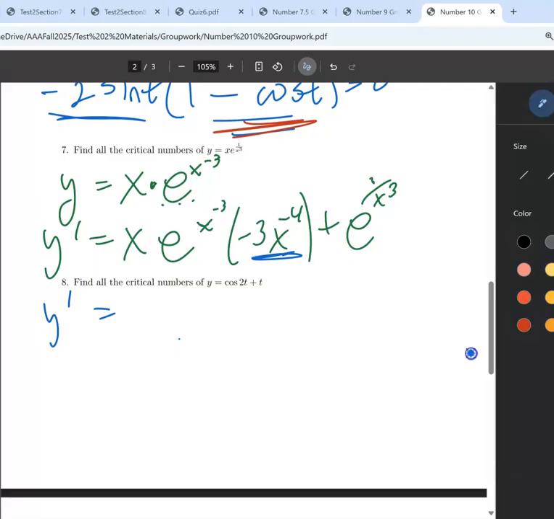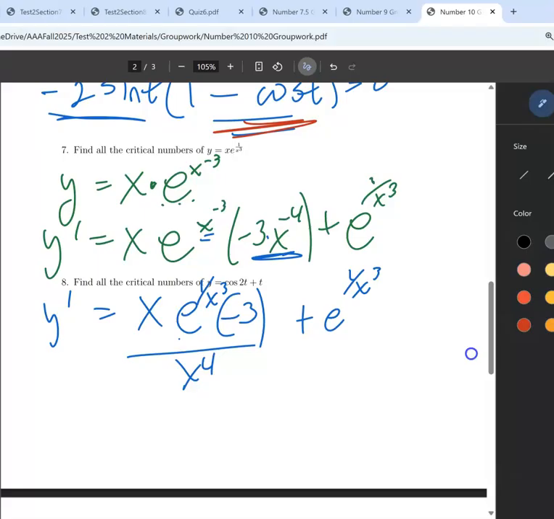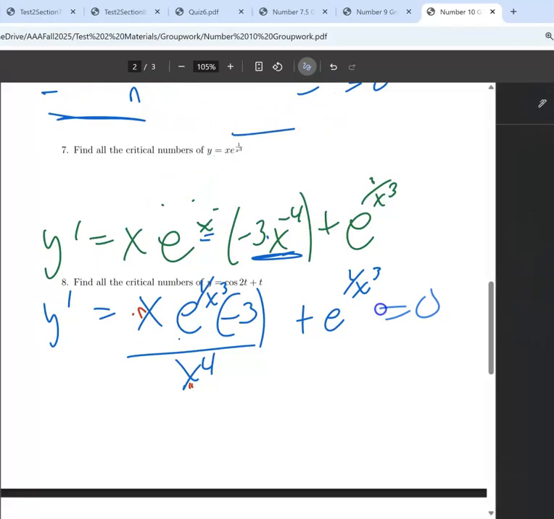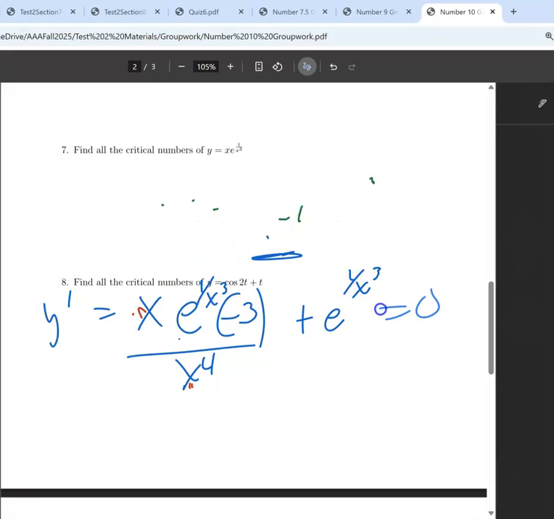So y prime: x e to the, I'm going to rewrite this as 1 over x cubed, and then this negative 3x to the 4th, put parentheses there, e to the 1 over x to the 3rd. Okay, so I want to see if I set it equal to 0, is there something I can factor out? Hold on. Can I cancel an x here? I can. Just to make life as easy as possible to do this solving, maybe a little bit of simplifying before you dig in can be helpful.